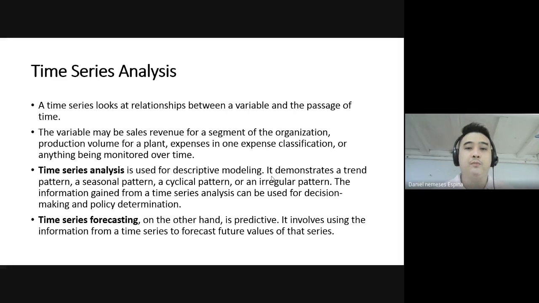So time series analysis. Usually in the time series analysis, the independent variable used is the time. The variable may be sales revenue for a segment of the organization, production volume for a plant, expenses in one expense classification, or enrollment statistics.